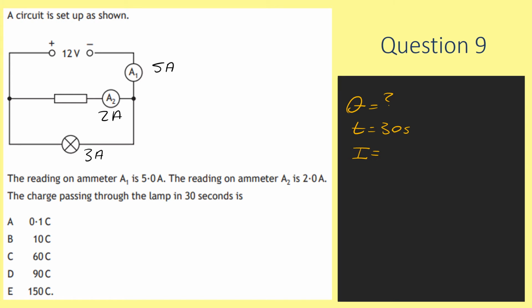So I is equal to 3 amperes. The equation is Q is equal to IT, which is equal to 3 multiplied by 30, giving me 90 coulombs, or D.